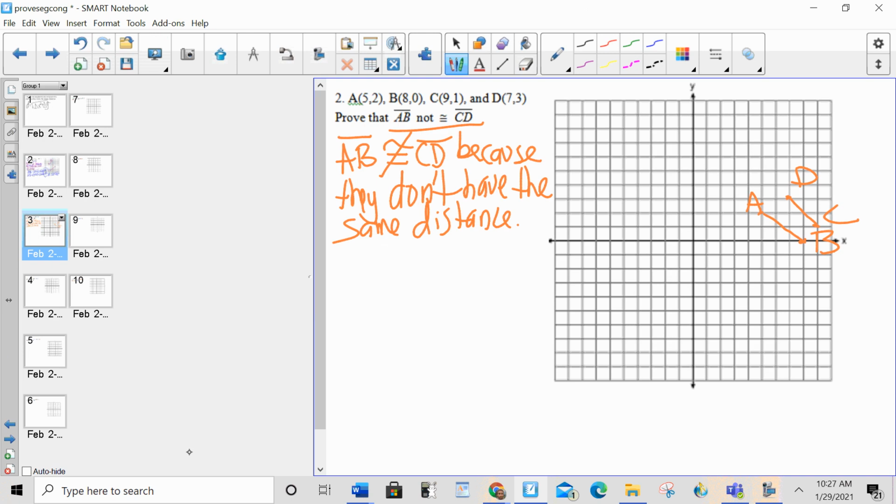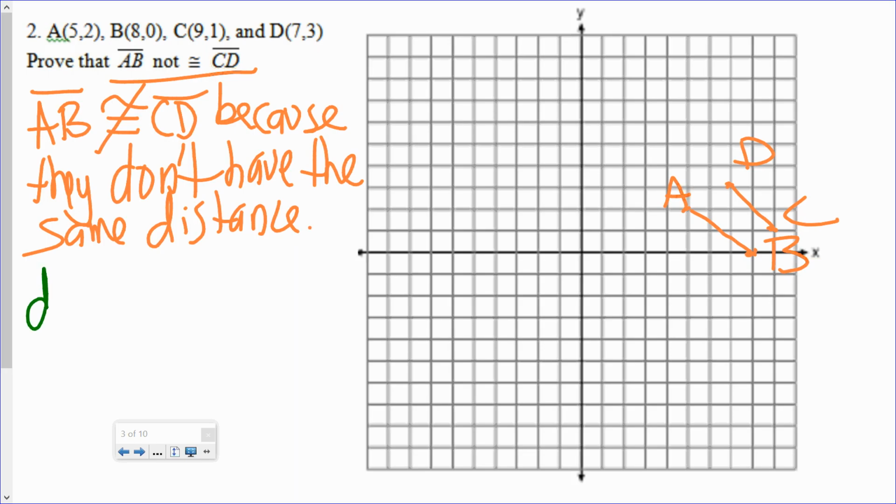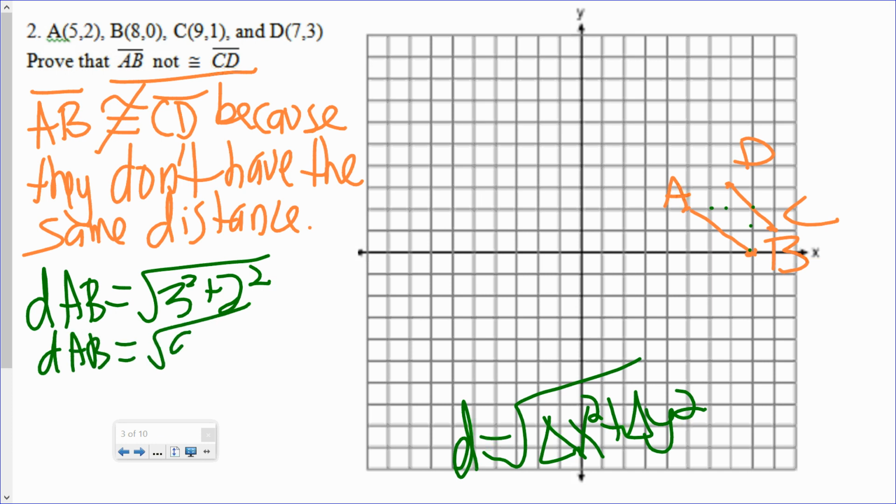So now I have to find the distances. And instead of showing that they're the same, I'm going to show that they're different. So let's start with the distance of AB. Distance equals radical delta x squared plus delta y squared. 1, 2, 3, 1, 2. 3 squared is 9. 2 squared is 4.